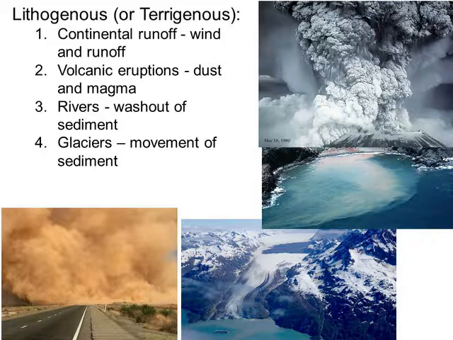In the bottom right-hand image there, you can see a glacier melting. As it melts, it's carrying all of that sediment that used to be under it down into the ocean. So there are your 4 different types of lithogenic sediment that you can find in the ocean.